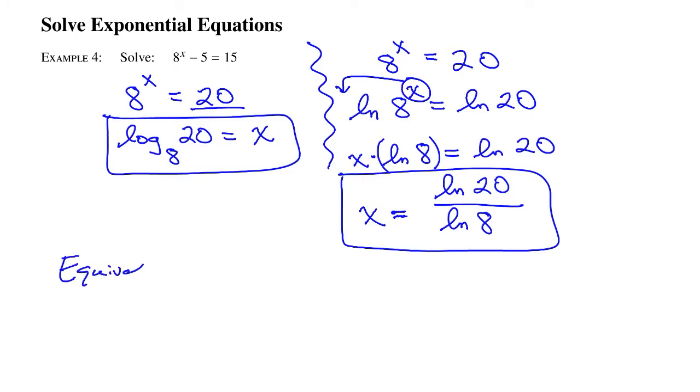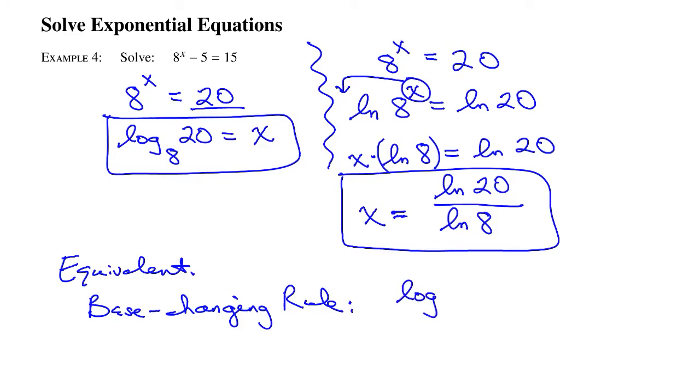And there's even a little rule that goes with this called the base changing rule. And the base changing rule says the following. Log in base b of x is equal to log in base c of x divided by log in base c of b.